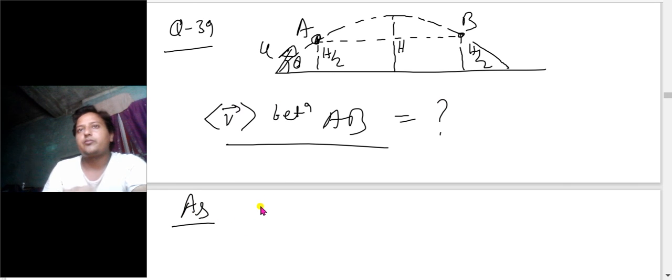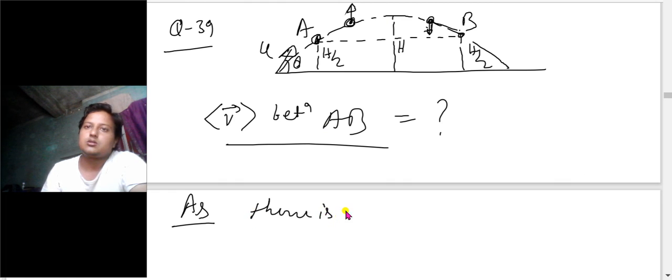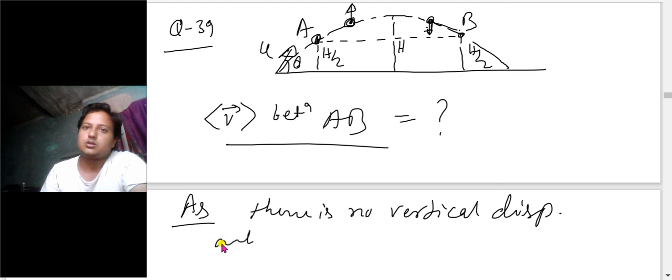After A there is velocity upward and after B there is velocity downward, and it is symmetrical. So the upward average velocity gets cancelled, only horizontal exists, as there is no vertical displacement, only horizontal.